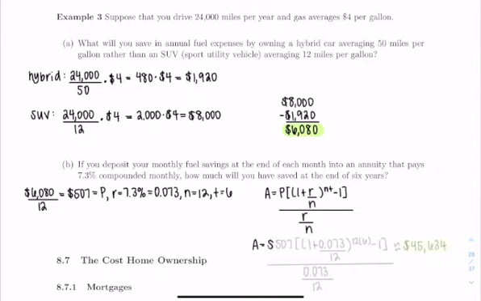So plugging in our information, we have 507 times 1 plus 0.073 divided by 12 raised to the 12 times 6, minus 1.